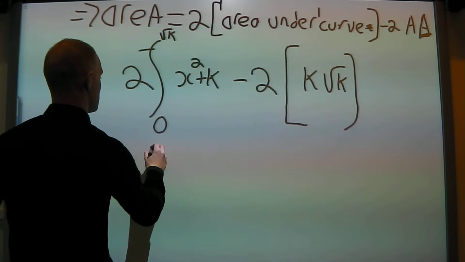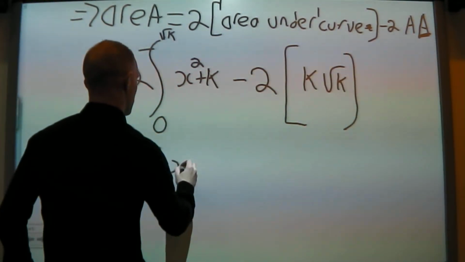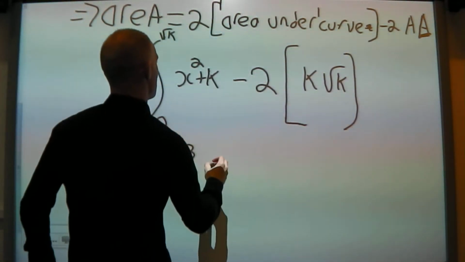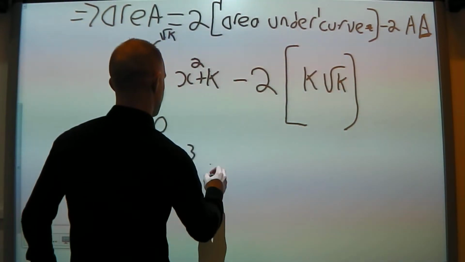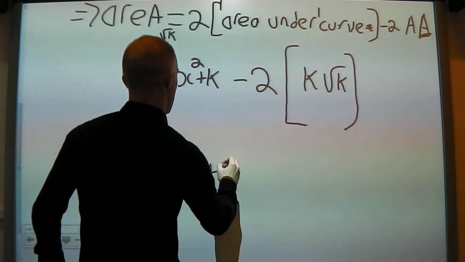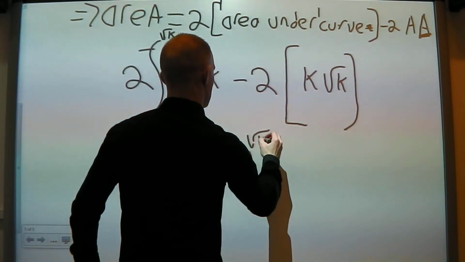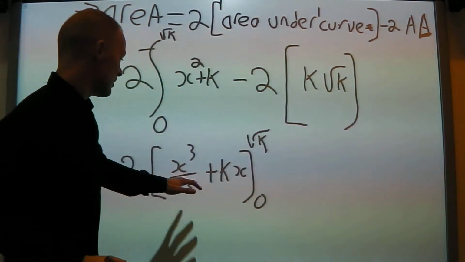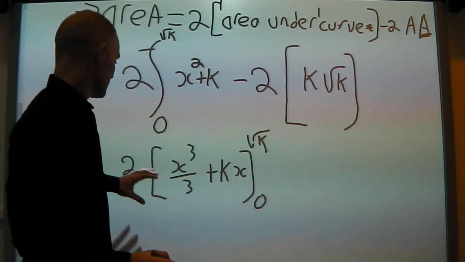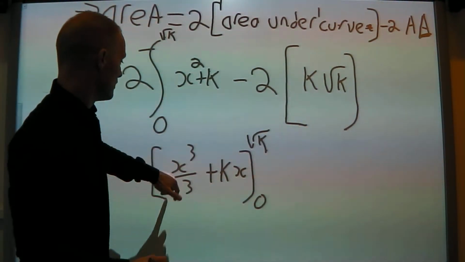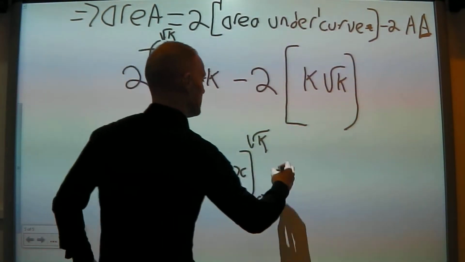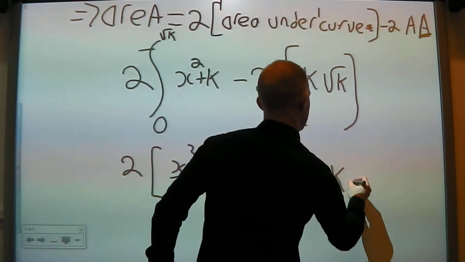And we're going to integrate this. That's equal to twice, brackets, x cubed all over 3 plus kx, and that is where it bounds from root k to 0. Now, when we fill in 0 here, it's just going to all equal 0. So it's basically twice the integral of this when root k is filled in for our x terms, minus 2k root k.